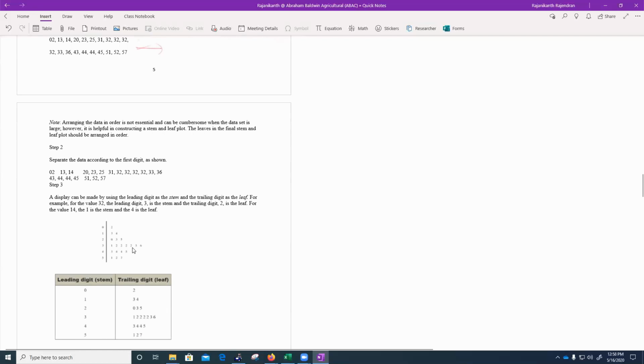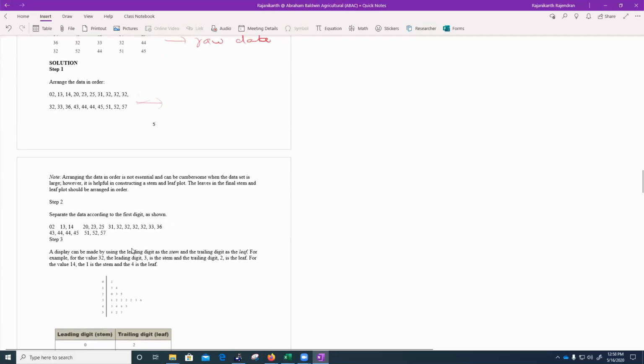After that, you separate the numbers according to the first digit. The first number is starting with the 0 digit, so I am writing that number as one group. Those starting with the 1 digit, that is 13 and 14, I am grouping as the second one, and so on. Okay.